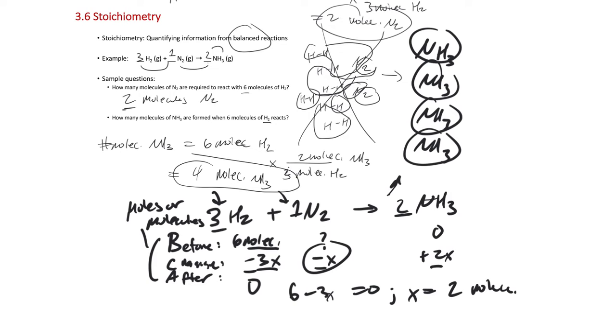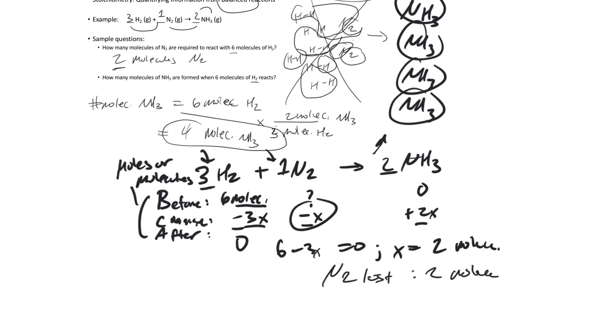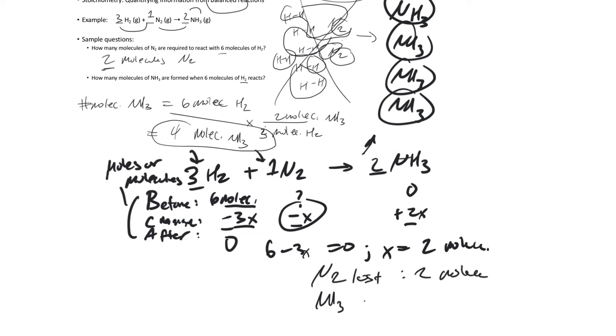So this is just one other way you can see that the N2 lost and reacted would be 2 molecules. And then the NH3 gained would be 2x. So 2 times x would be 4 molecules.